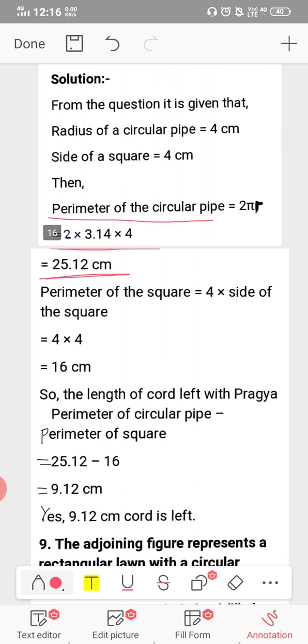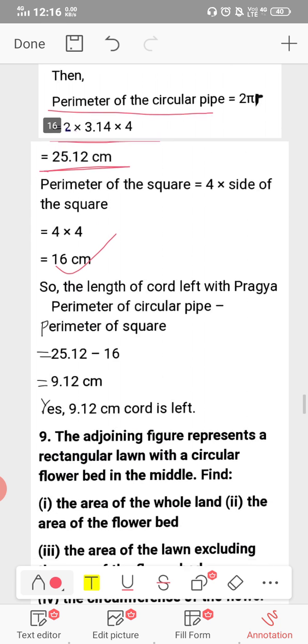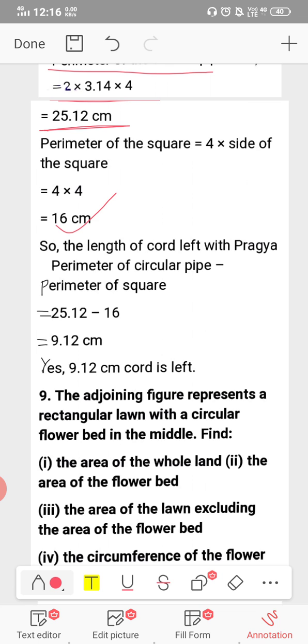So 4 into 4 will be equal to 16 centimeters. Now the length of the cord left with Pragya is the perimeter of the circular pipe minus the perimeter of the square. So it will be equal to 25.12 centimeters minus 16, that is 9.12 centimeters, and this is the value of the left cord.